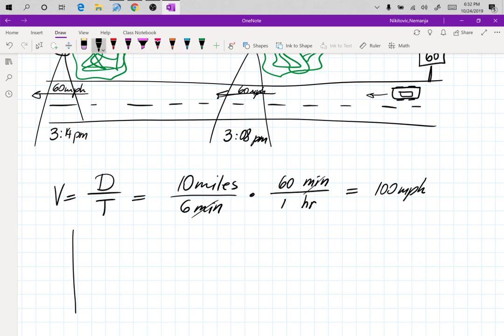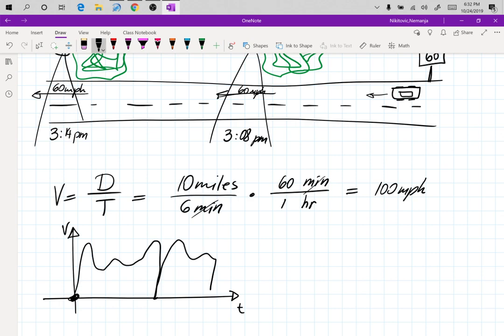that you have. So if you have a speed of 0 at the beginning of your trip, and then you speed up, and then you slow down, and you speed up, and slow down, and speed up, and then you have to stop for, let's say, a red light or something, and then you speed up again and you drive, and you just have to stop again because you reach your destination.